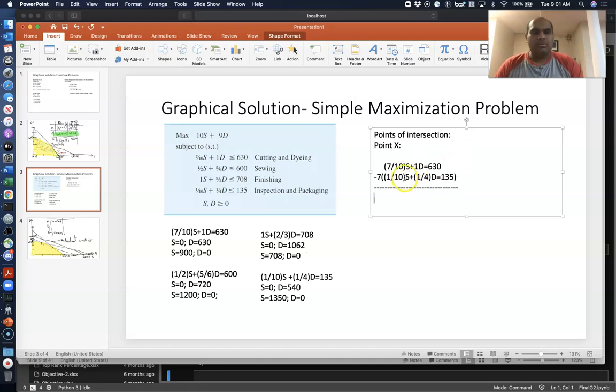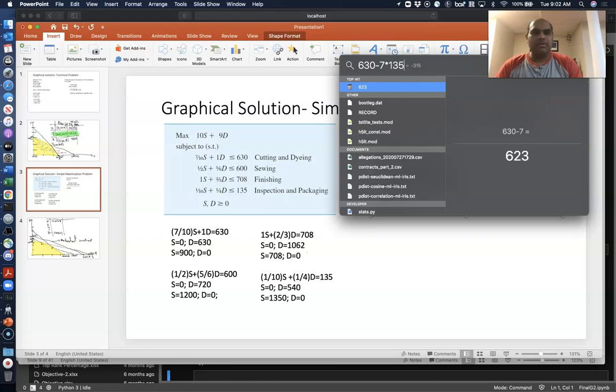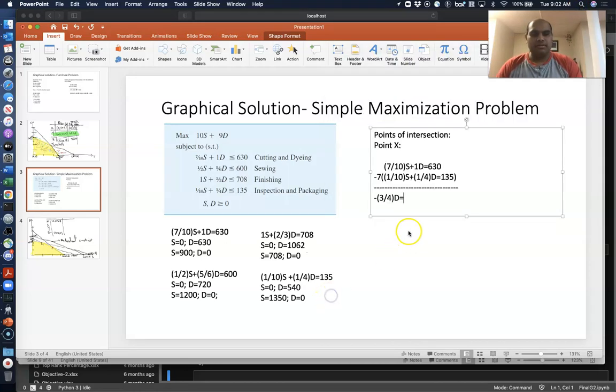Okay, so what this does is you cancel out the 7 over 10 and the 7 over 10. Then you have 1 times d minus 7 over 4 times d. So 1 minus 7 over 4 is minus 3 over 4 times d, equal to 630 minus 7 times 135. So 630 minus 7 times 135 is negative 315.